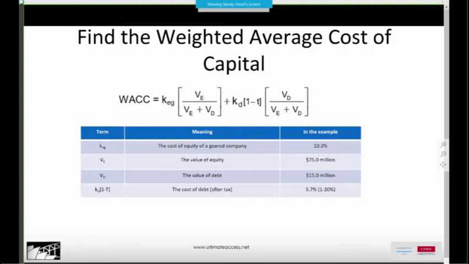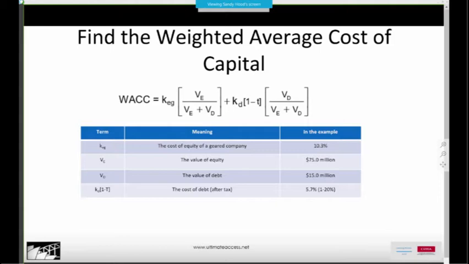And now we've built in that little modification that incorporates the tax benefit. So the cost of debt times 1 minus T, times the proportion of debt out of the total capital employed in the business.